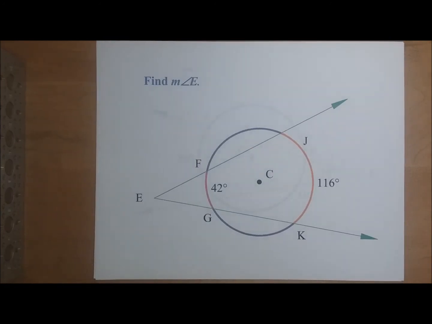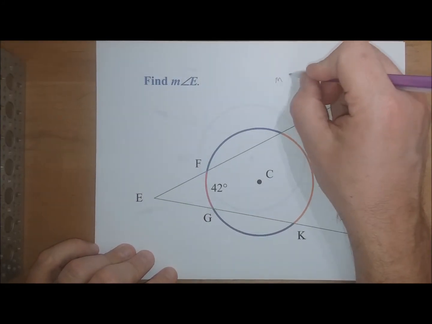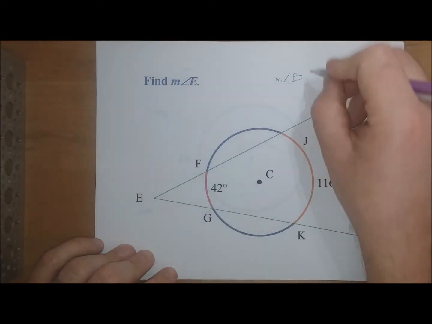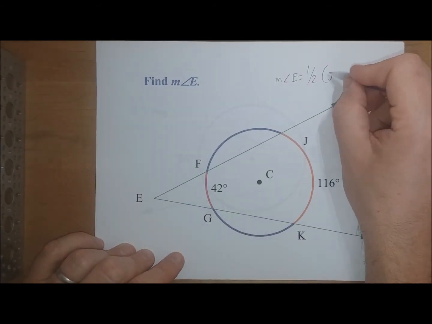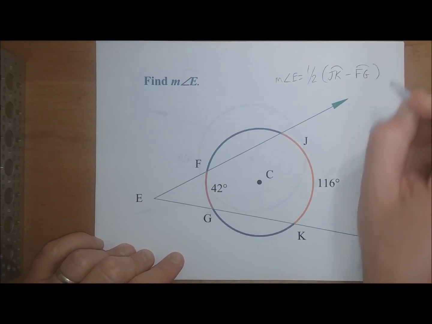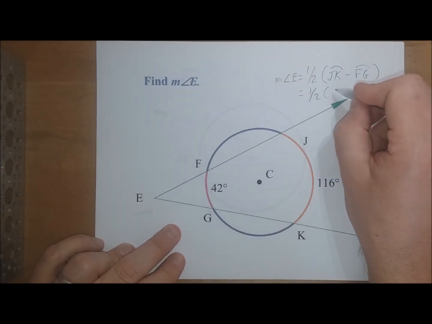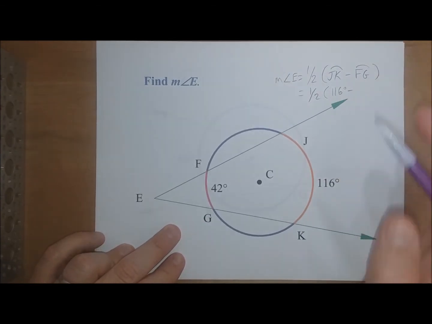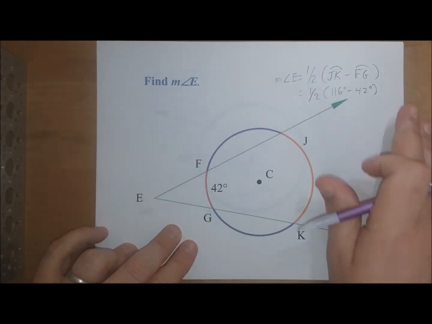All right, let's try an example here. Here they want us to find the measure of this angle E. And this looks to me like we've got 2 secants intersecting outside the circle. Okay, so I'm going to say that the measure of angle E is going to be 1/2 times the difference in these arcs. Arc JK minus arc FG. Good. All right, let's go ahead and plug in what we know here. We know that arc JK is 116, minus this arc FG is 42 degrees, right?